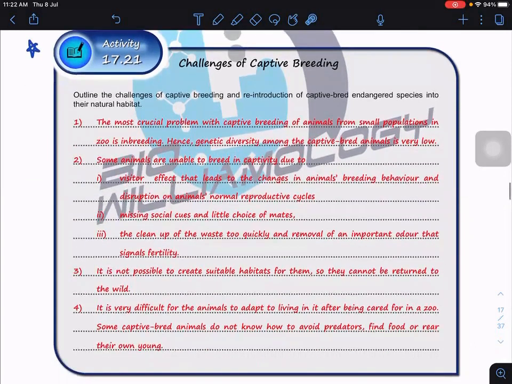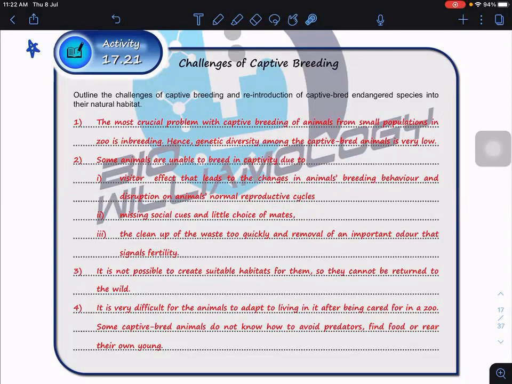The most crucial problem with captive breeding of animals from a small population is this: try to imagine you have a very small population, let's say only a few of them, and you continue to breed them. It's a form of inbreeding. Can you see that? It's a form of inbreeding, and over many generations, inbreeding depression actually takes place.